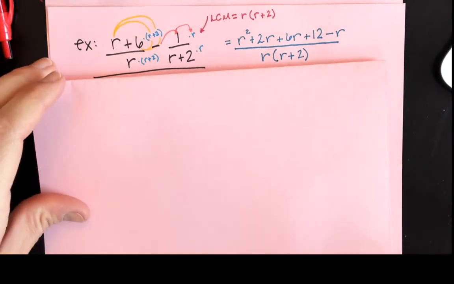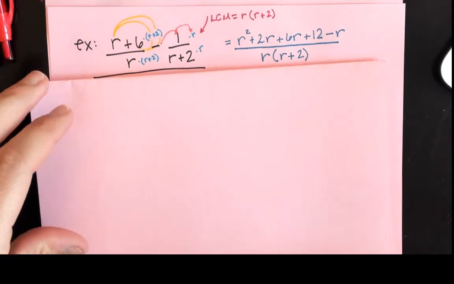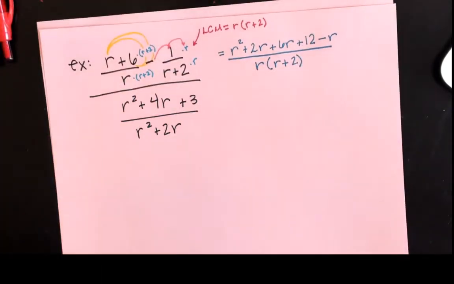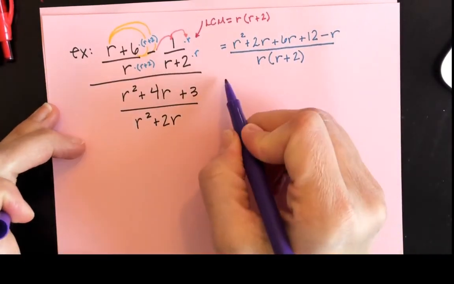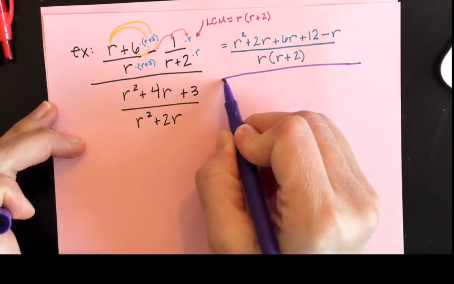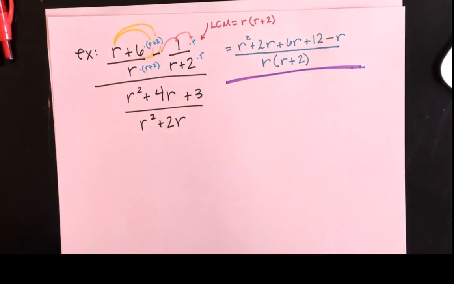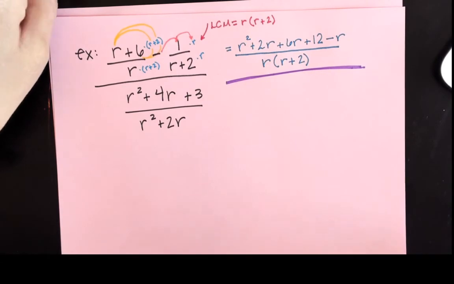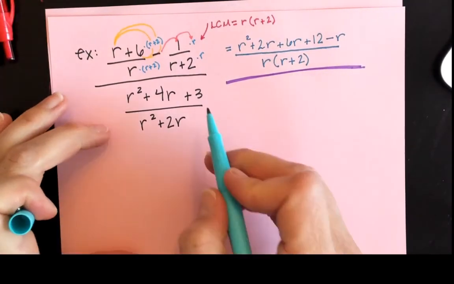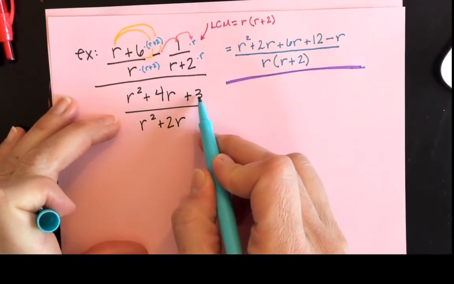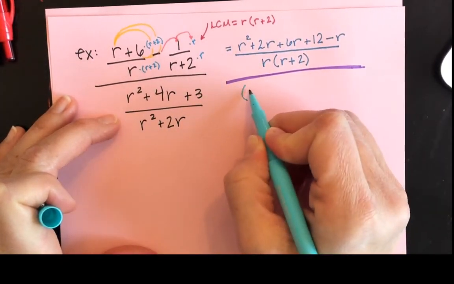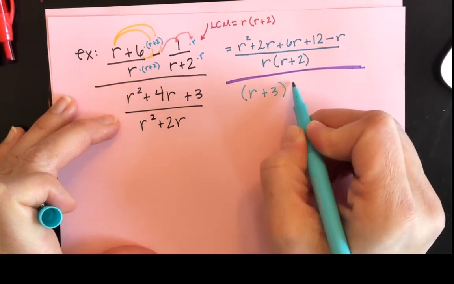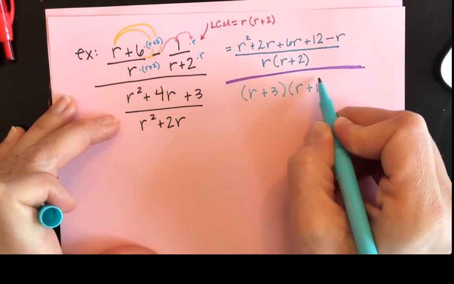All right, so then that goes back over this, and I'm going to factor this as we go, just so that we can make sure that we're not falling behind on anything. And I can see that 3 times 1 is 3, 3 plus 1 is 4. So we can factor this into r plus 3 and r plus 1.